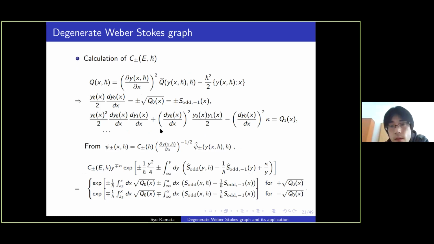Okay, and also the wave function of x and the wave function of y can be related like this form. And also now psi can be expressed by using S odd, like an exponential integral.